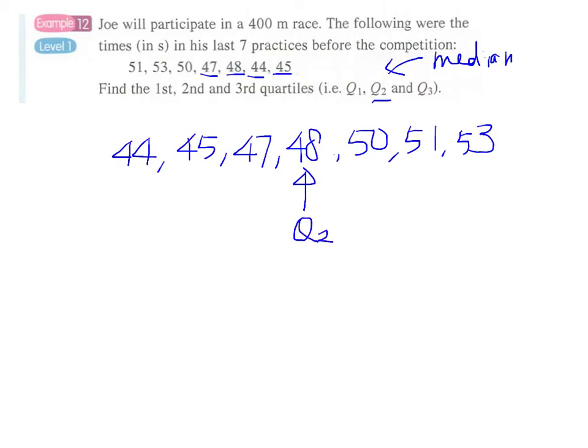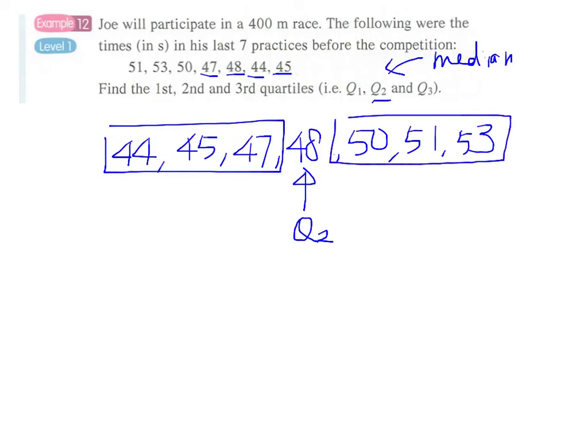This is our Q2. And now we have about 50% of data less than Q2 and 50% of data greater than Q2. And therefore Q1 will be the middle part of the lower half. So this will be 45 seconds. And Q3 is the middle value of the upper half, the third quartile. So Q3 will be 51.